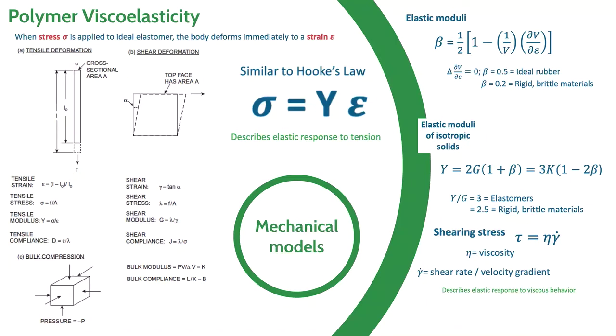So when a stress is applied to an ideal elastic material, the body deforms immediately to a strain. This strain is always proportional to the stress and is independent of the rate at which it is applied to a body. This can be described using Hooke's law, where the stress is a product of the Young's modulus Y multiplied by the strain.